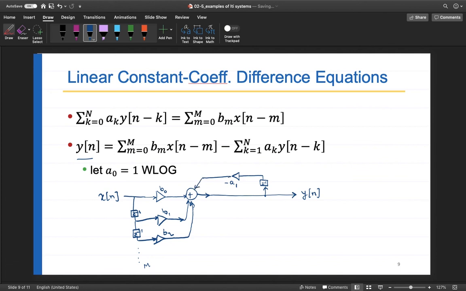Similarly, I now have to get y of n minus 2. So I will apply another delay function, z inverse, and the output is again scaled by minus a of 2 and fed into the summation. In this way I can keep going until n. So this is the way I can implement a system using linear constant coefficient difference equation representation.